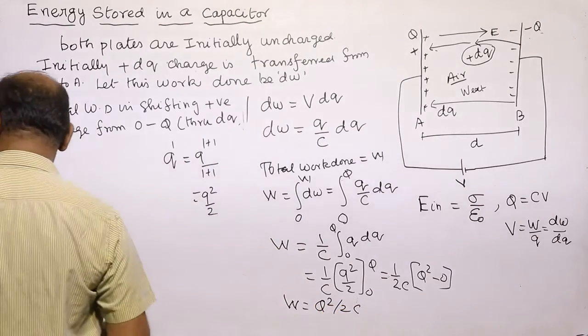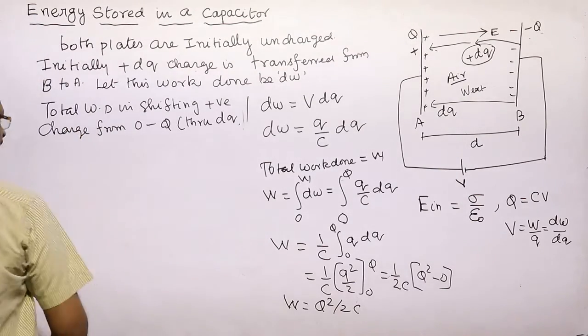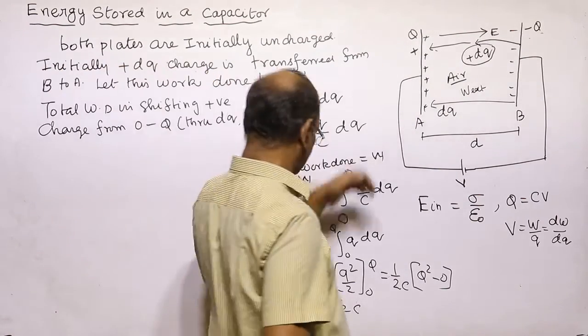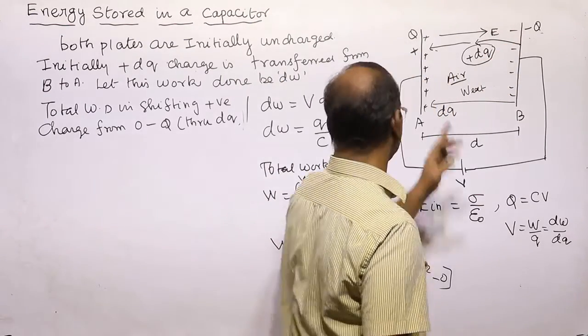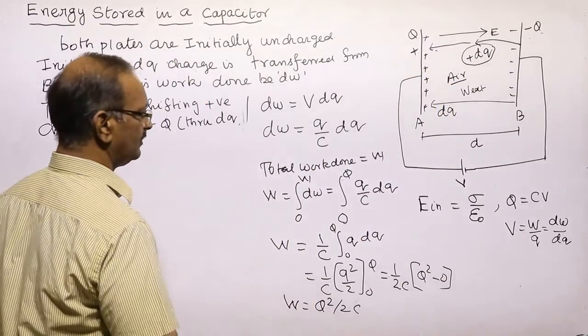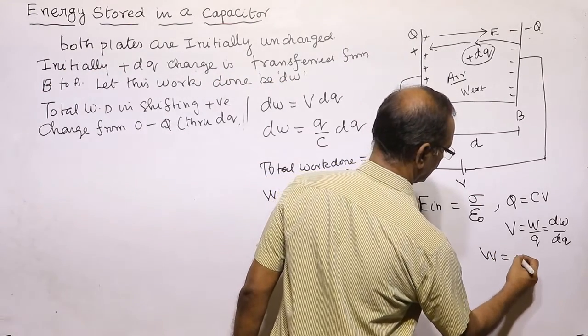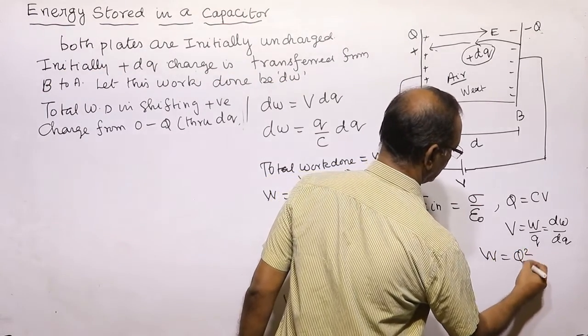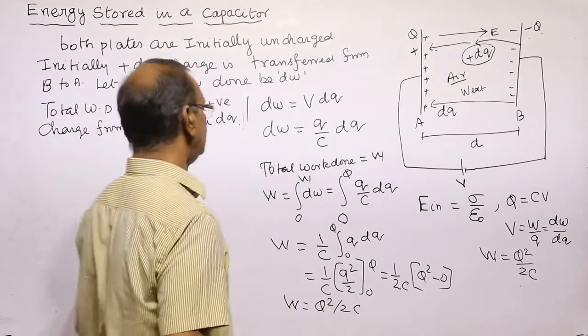This is the total work done in shifting a charge of plus Q from here to here. Therefore W is equal to Q square by 2C.